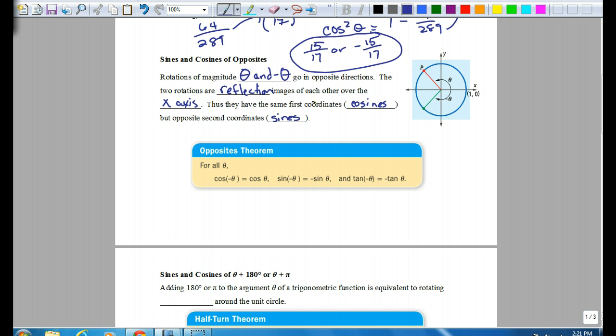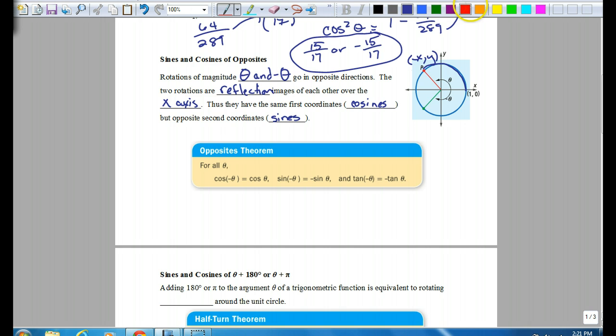Okay? So if you look at this one right here, going from here to here is a positive theta. So your x up here would be some kind of a negative x, because it's in the negative quadrant, right? And a positive y.